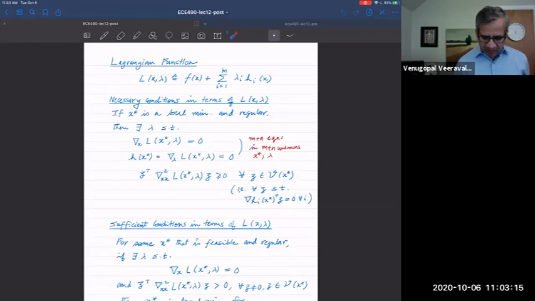So all z belonging to this V of x star set, the space of feasible first order variations, as we discussed in lecture 11.